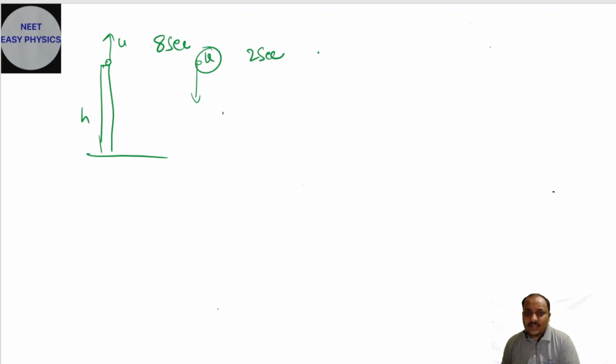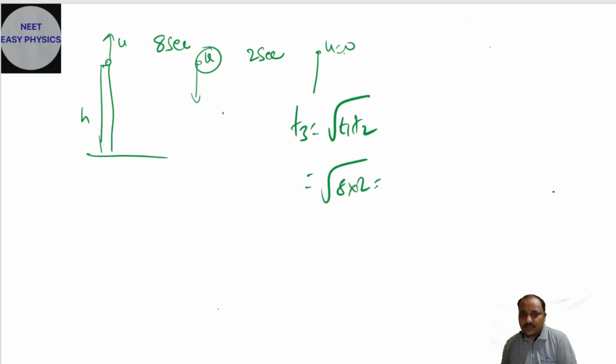Then what is the time taken by the object which is dropped from the same height, they will ask. So t3 is equal to root of t1 t2. 8 into 2 is 16, root 16 means 4 seconds.